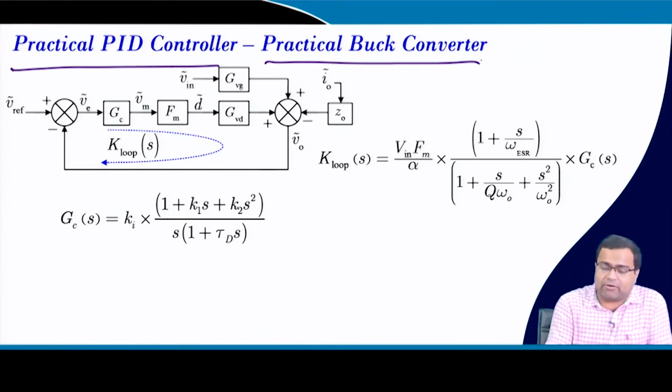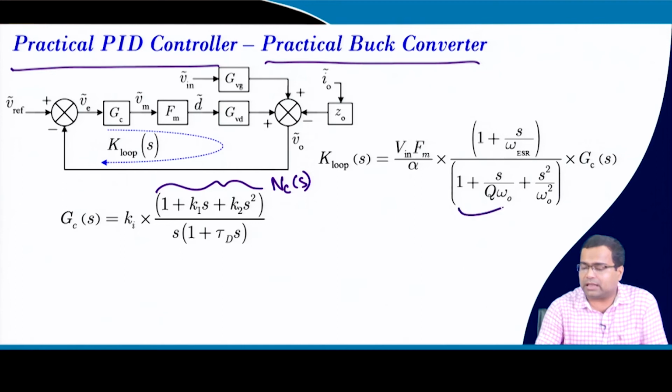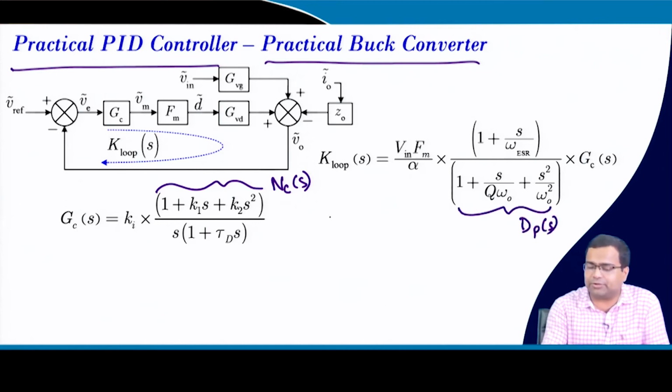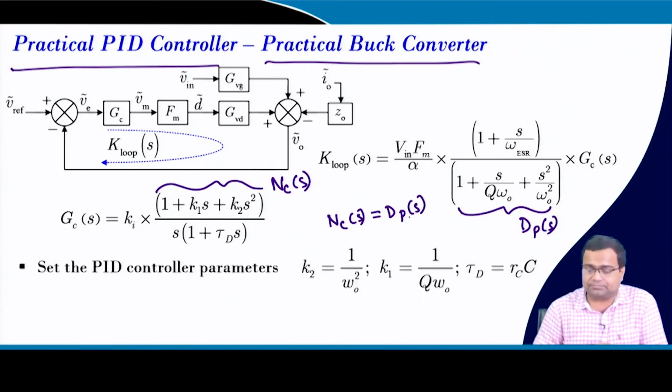So in the loop gain, our first objective is again stable pole zero cancellation. If this is our controller numerator polynomial, and this is our plant denominator polynomial, the first thing we want to do is set the controller numerator polynomial equal to the plant denominator polynomial, so that they cancel.